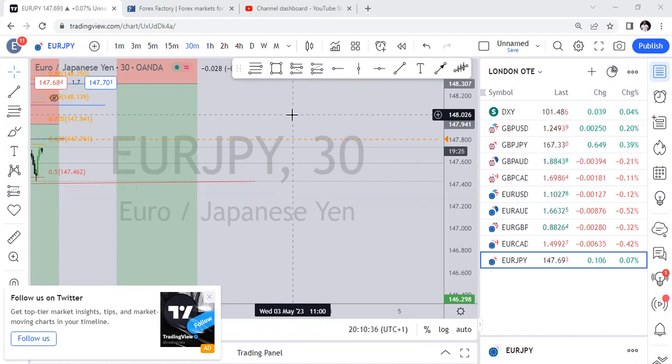Top-down analysis is, like she said, looking at the market from a higher time frame down to a lower time frame, and this is the best way to look at the market. Now, she also mentioned that it depends on the kind of trader that you are, which is true. Sometimes people give more attention to entry.